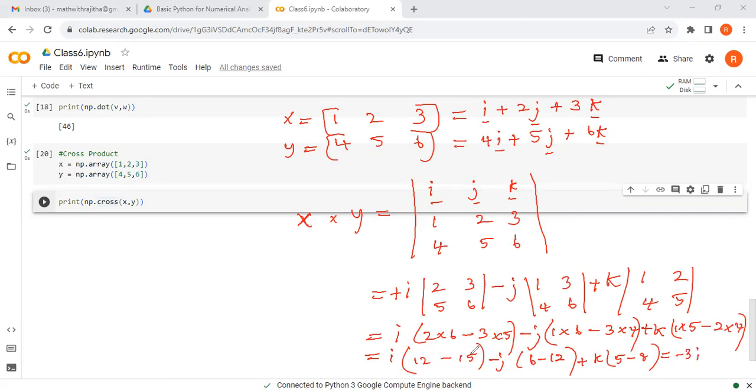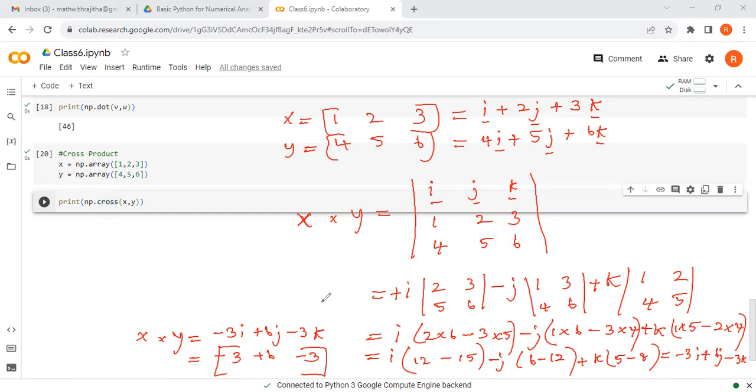Then 6 minus 12 is minus 6, multiplied by minus 1 gives plus 6j. Then 5 minus 8 is minus 3k. So x cross y is minus 3i plus 6j minus 3k, which in matrix form is minus 3, 6, minus 3.